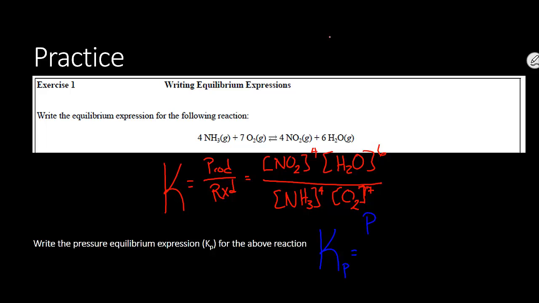So the partial pressure of nitric oxide raised to the 4th times the partial pressure of water raised to the 6th, over the partial pressure of ammonia to the 4th times the partial pressure of oxygen to the 7th.